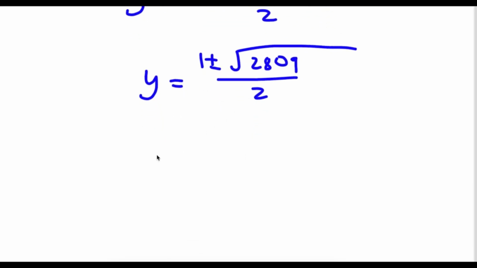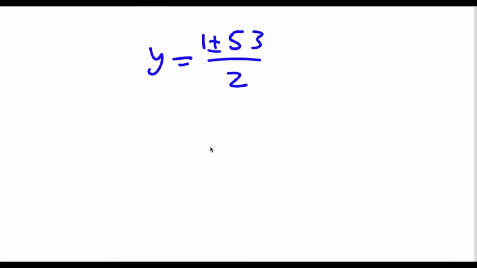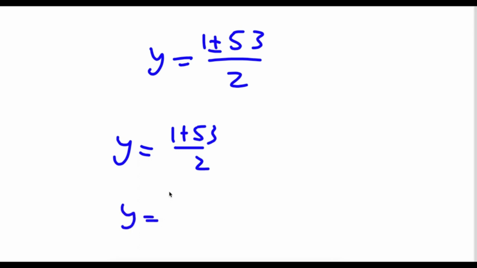And the square root of 2,809, that is going to be 53. So now I have y is equal to 1 plus 53 over 2, and y is equal to 1 minus 53 over 2.